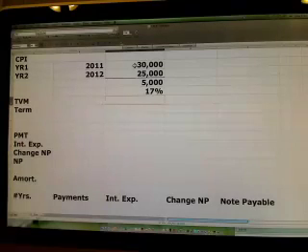Now, if you did this in Excel using the same numbers, you would have gotten a decimal. Because I've already formatted the cell, it's showing up as a percentage, but I'm sure you know how to convert a decimal to a percentage by multiplying it by 100. In Excel, you can quickly do it by selecting the decimal and going over to the percent icon and clicking on percentage, which will automatically convert it to a percentage.